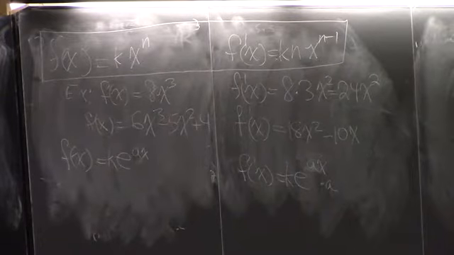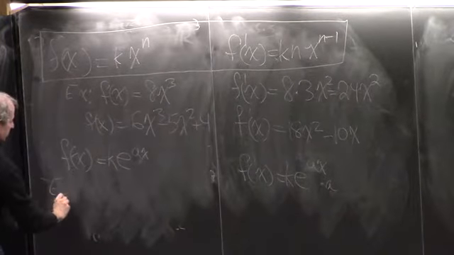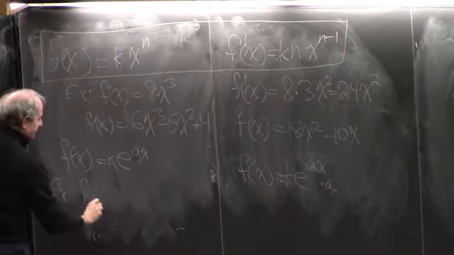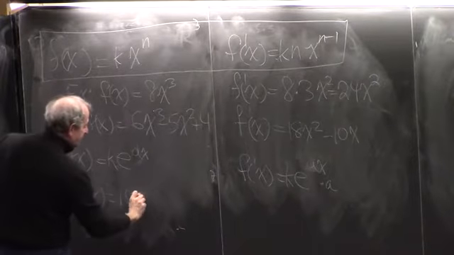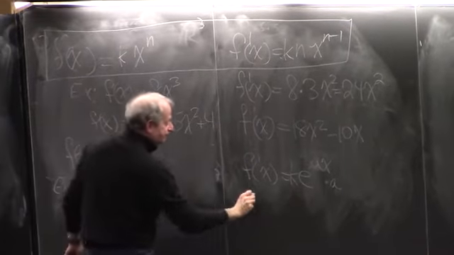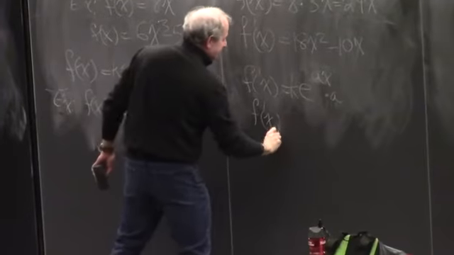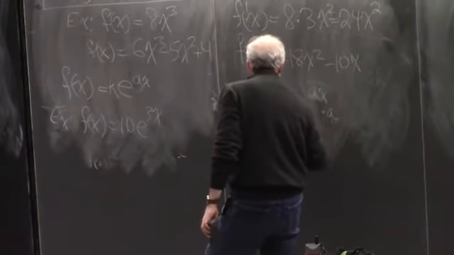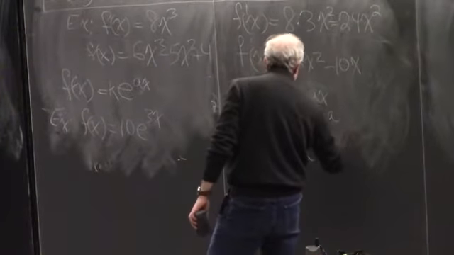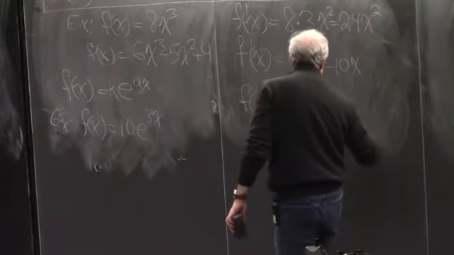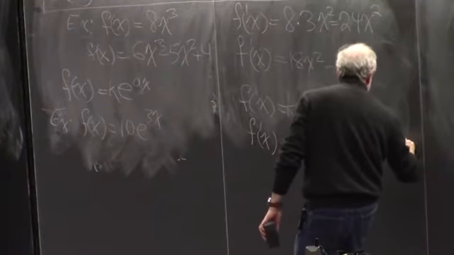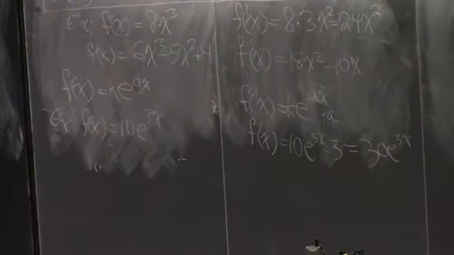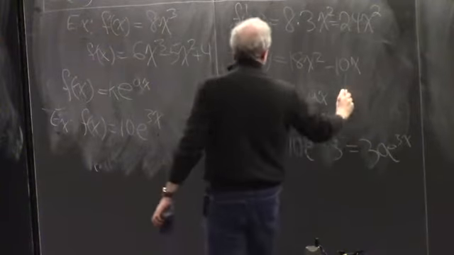Okay? So for example, if you have f of x as 10 e to the 3x, f prime of x would be 10 e to the 3x times 3, also known as 30 e to the 3x. Okay? This should be totally reviewed for you guys. Be nice and easy. Okay, so that's the second one you want to make sure you know.